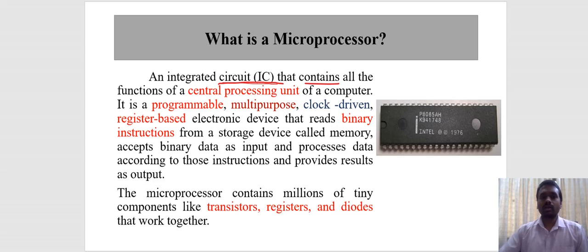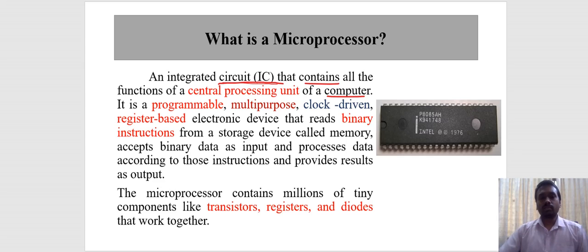It contains all the functions of a central processing unit of a computer. That means this integrated circuit has the capacity to do all the operations that are carried out by the CPU of a computer.